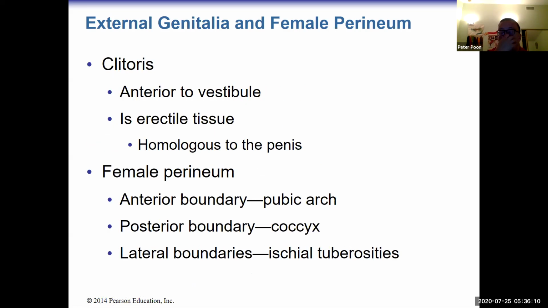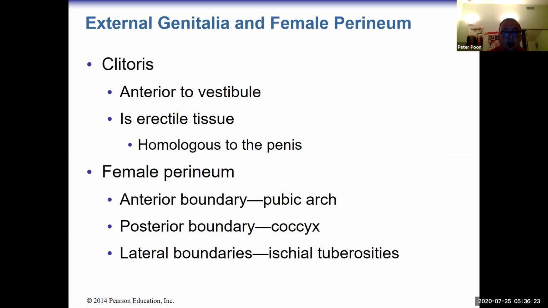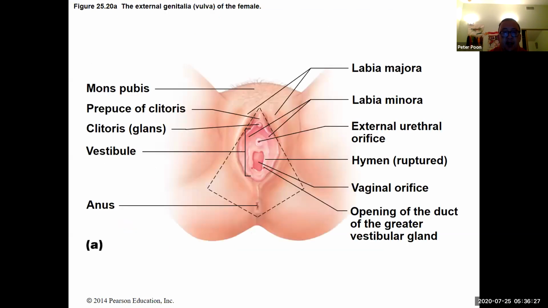The clitoris is anterior to the vestibule. It's erectile tissue. That's the female homolog to the penis. So it is right there. If you look at it, it has exactly the same structures as a male penis. So here you have the little hood or the prepuce.